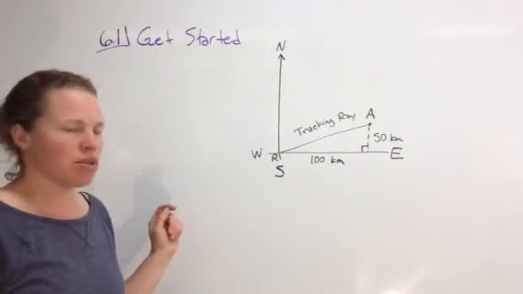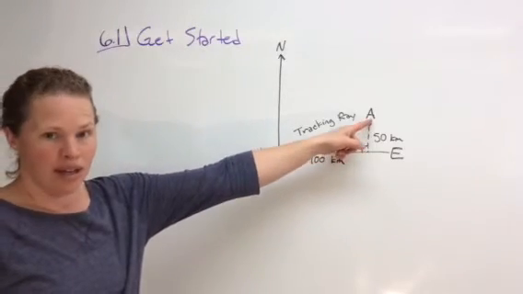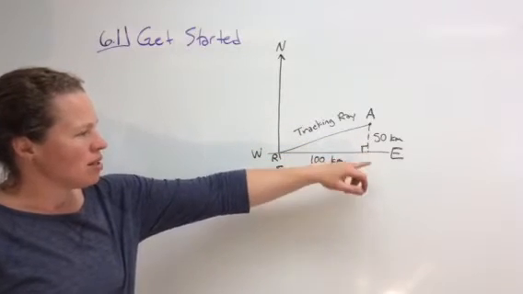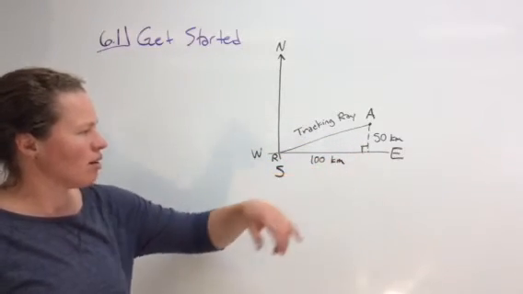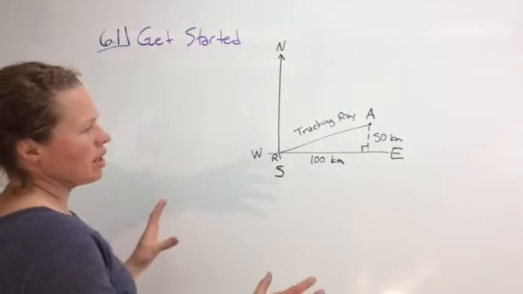You've seen them in the movies, I'm sure. They say they've encountered an aircraft, A, and it's 50 kilometers east and 100 kilometers out from where the ray is. So it gives you this setup as to where it is.